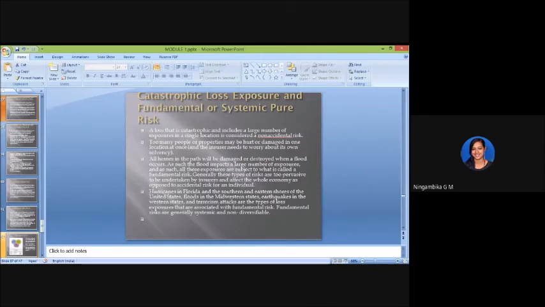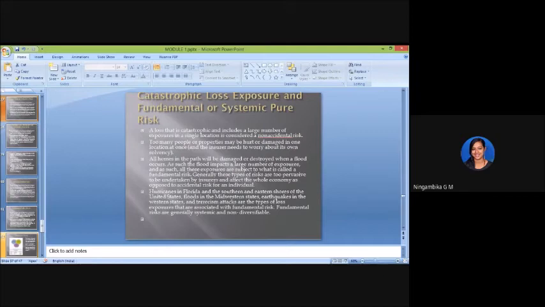Generally, these types of risk are too pervasive to be undertaken by insurers and affect the whole economy. This is not controlled by any person. We never know when a flood can come, when huge rain comes, or when suddenly a fire or volcano happens. It depends upon the situation. It can only be controlled by a few controlling measures which can be undertaken by the insurers, and it affects the whole economy also.